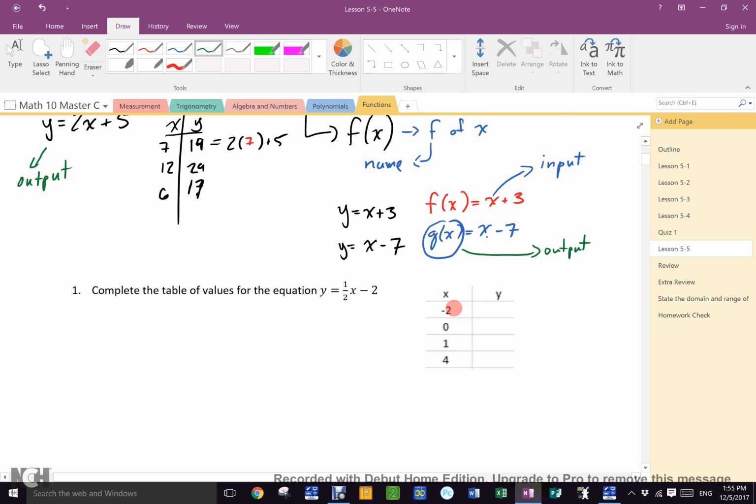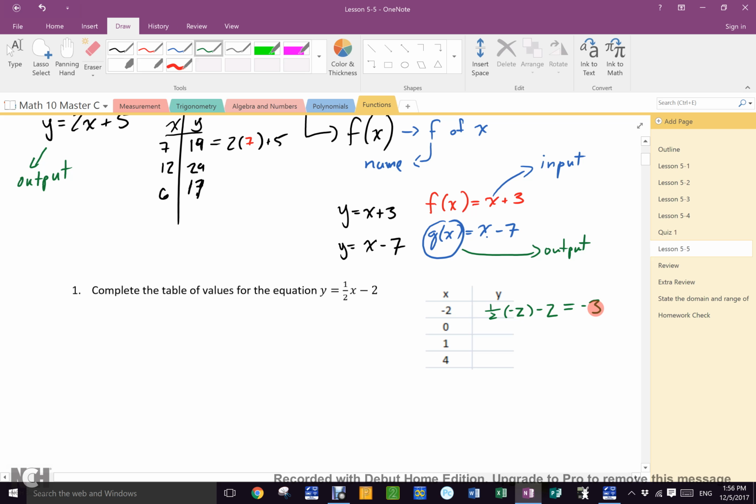So my first one here is going to be 1/2 times negative 2 minus 2. Right? What is half of negative 2? Negative 1. What is negative 1 take away 2 more? Equals -3, correct?